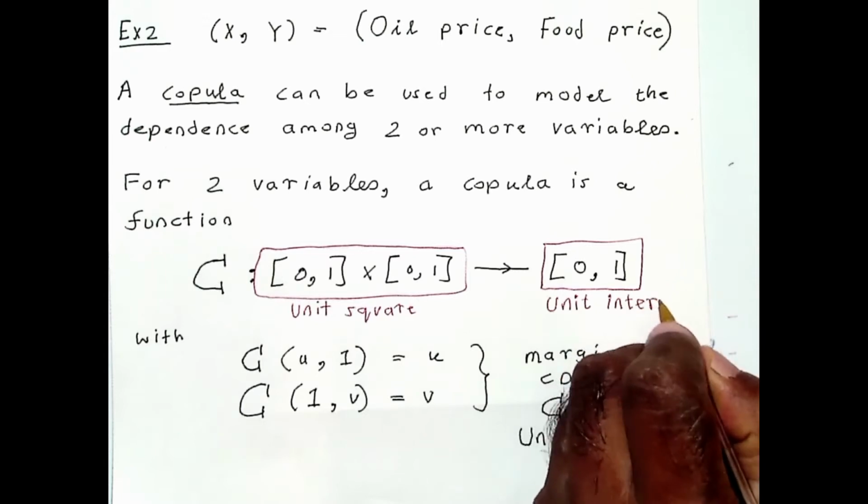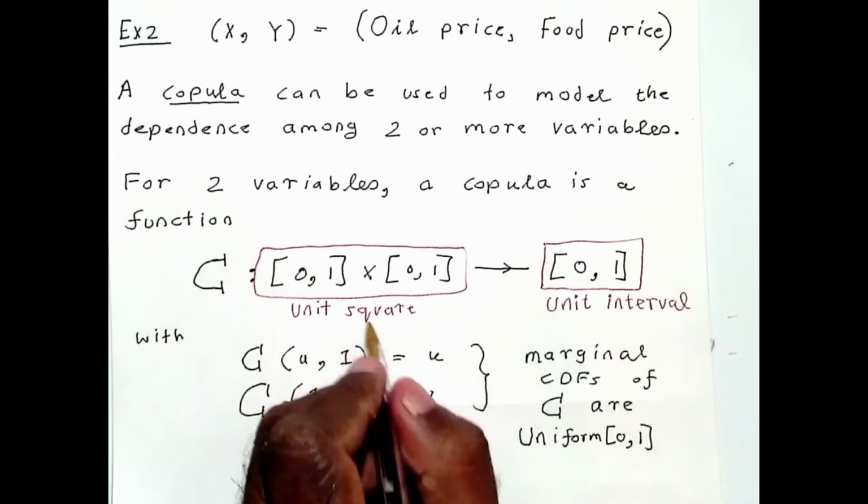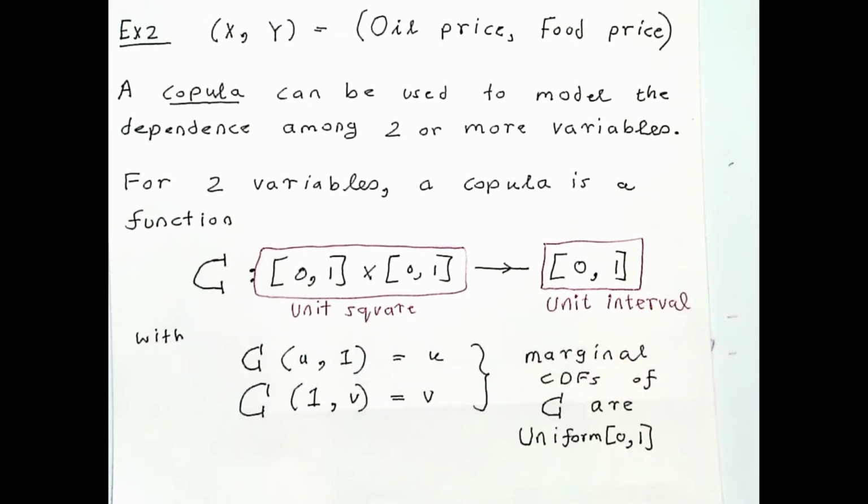So a copula is a function from the unit square to the unit interval. Okay. All right. So what I've given you here is not the formal definition. It's a simple loose definition. The formal definition of a copula will come later in the next video.